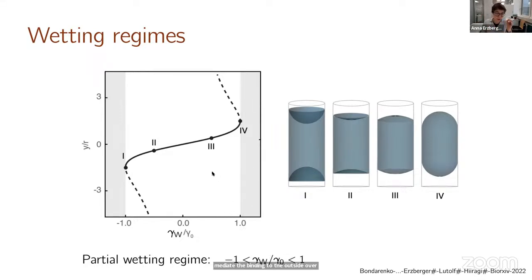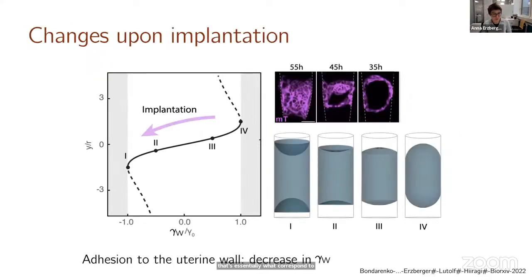And then that essentially would correspond to movement of the system along the branch in this direction, because we would have a lowering of gamma W as a consequence of this. And indeed, qualitatively, when we compare images of the embryo taken at different times, we see a characteristic change in the contact angles that agrees qualitatively with this type of change.